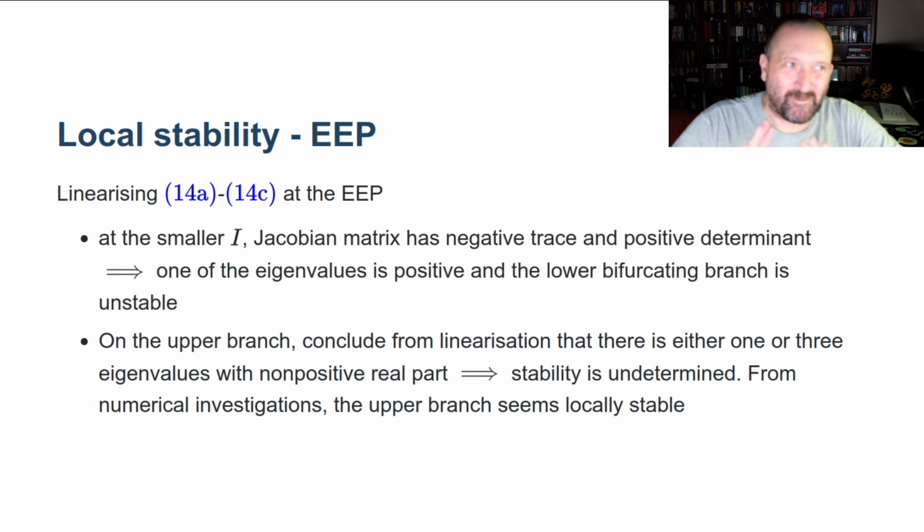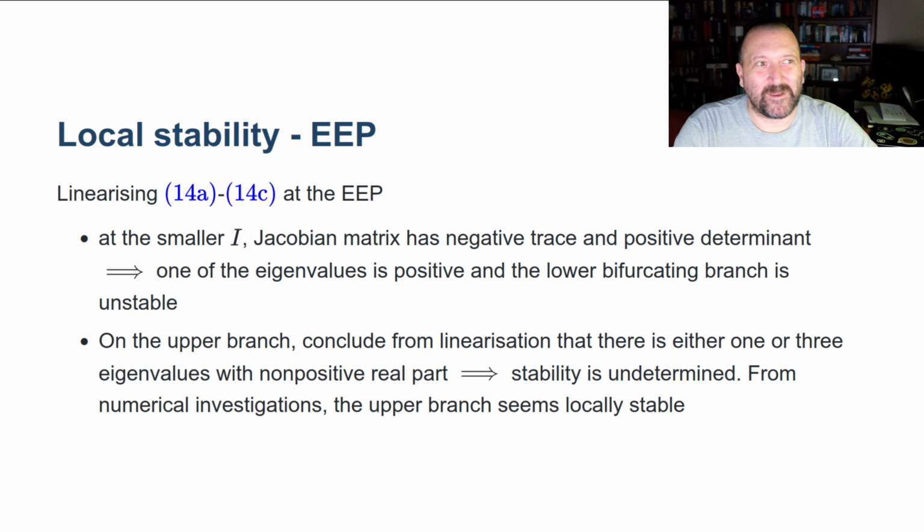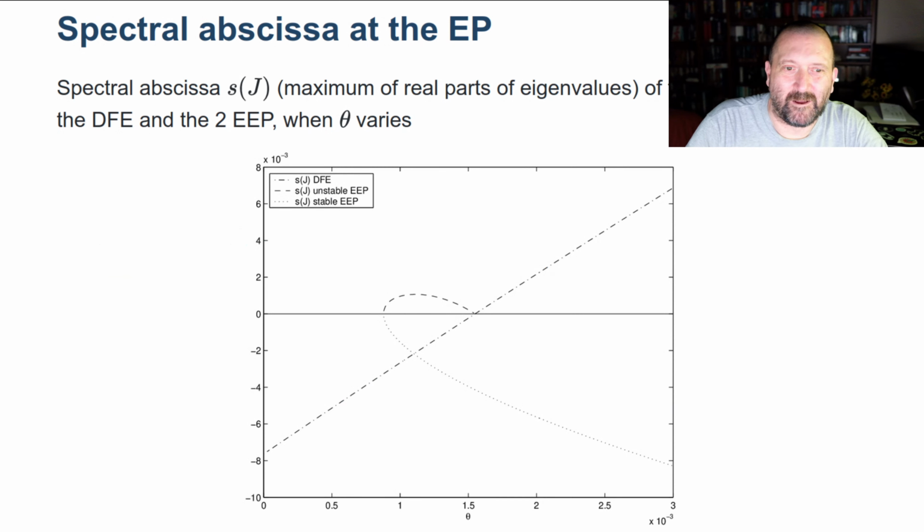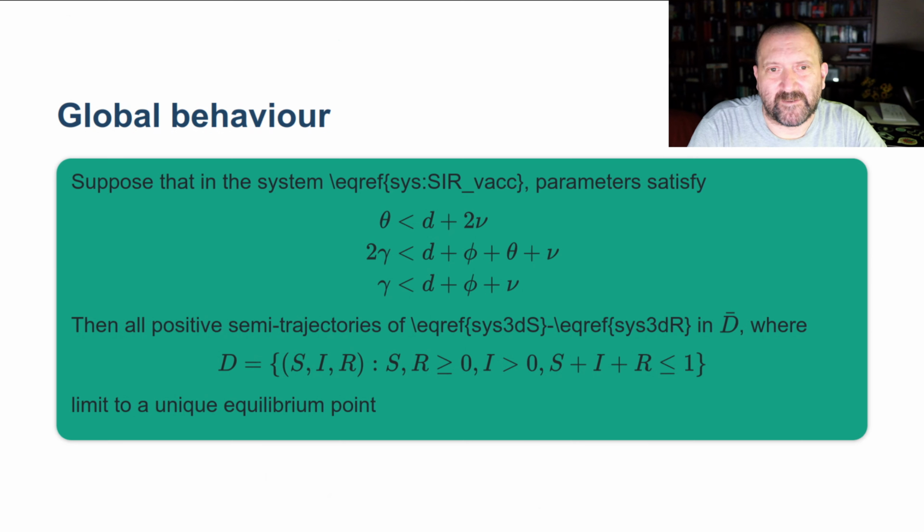I mean, we haven't determined it, but we did a lot of numerics, and it seems to always be stable. And I can show you in some cases where it works better. So this is like investigating this local stability of the endemic equilibria as the values of theta vary.